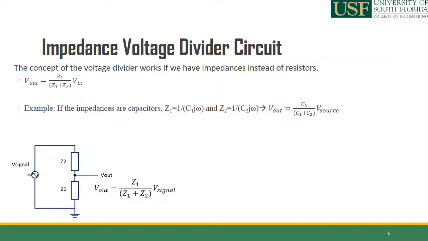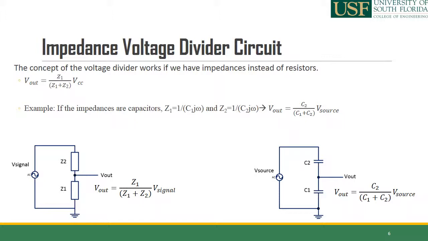We get Vout equal to C2 over C1 plus C2 times Vsource, meaning that regardless of the frequency of the source, Vout is always a fraction of Vsource, and that fraction comes from the capacitance values, the ratio C2 over C1 plus C2.